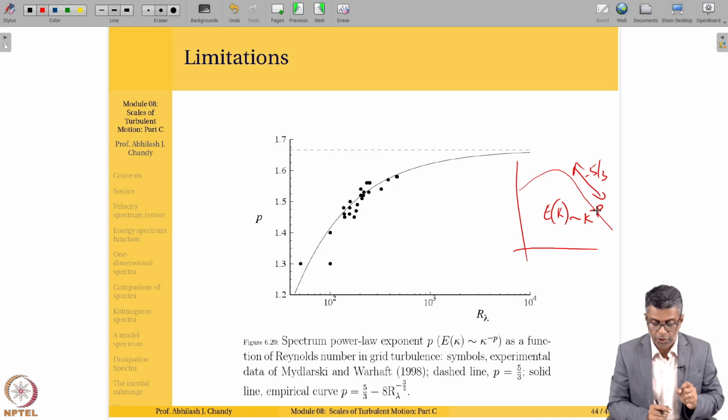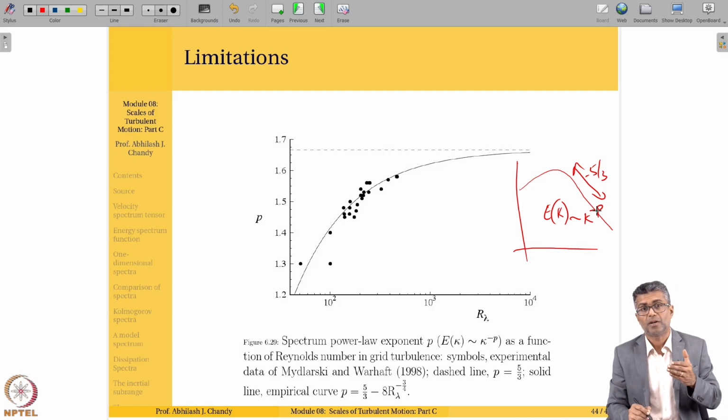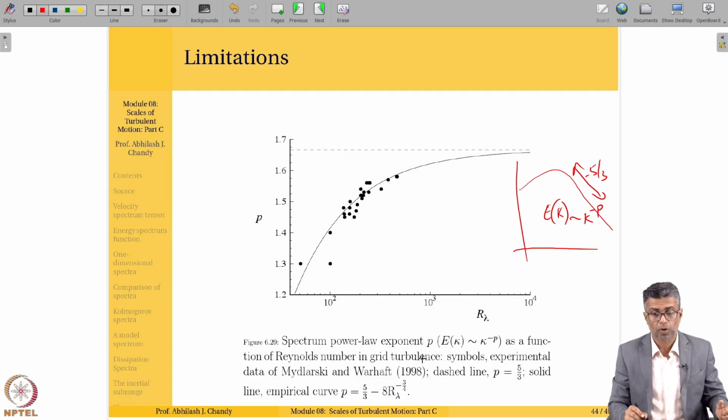Right? So what is shown here is the spectrum power law exponent P. Well, according to us, it should be 5/3. It looks like it is not 5/3, right? Because 5/3 is 1.67. So here we have the power law exponent P as a function of the Reynolds number in grid turbulence.